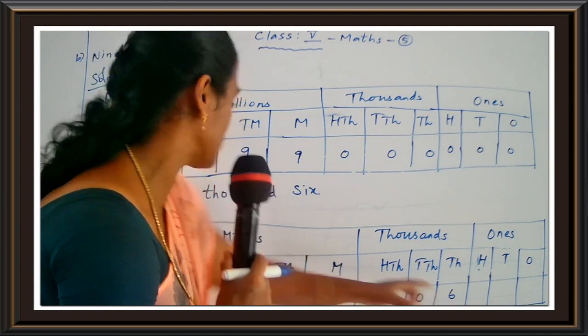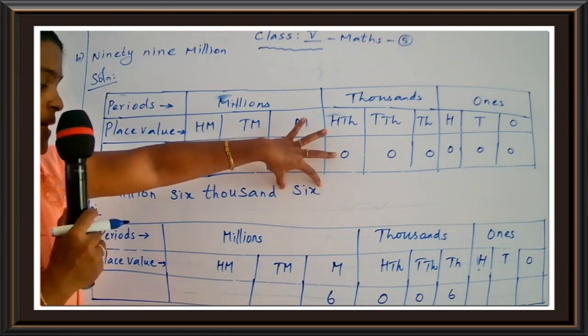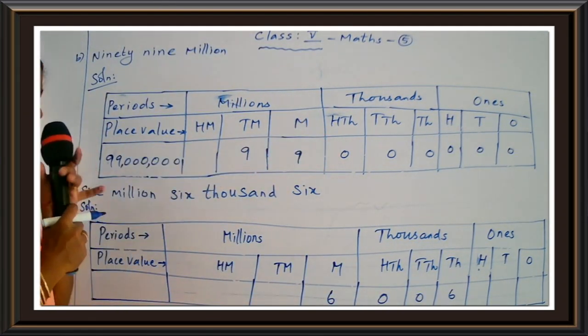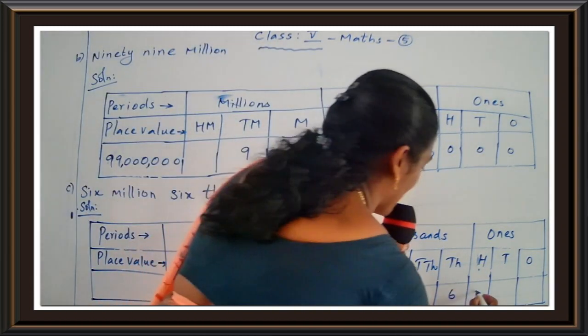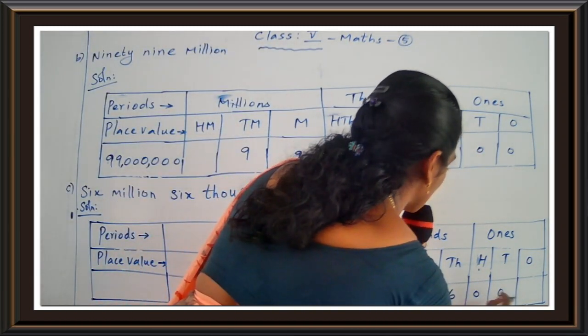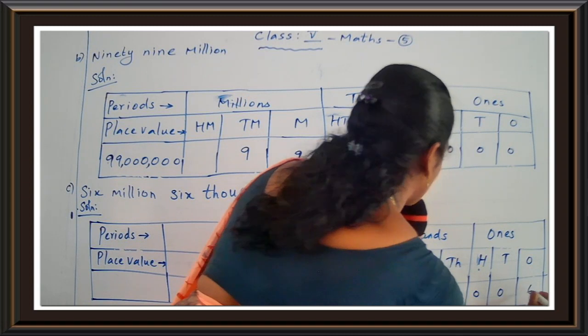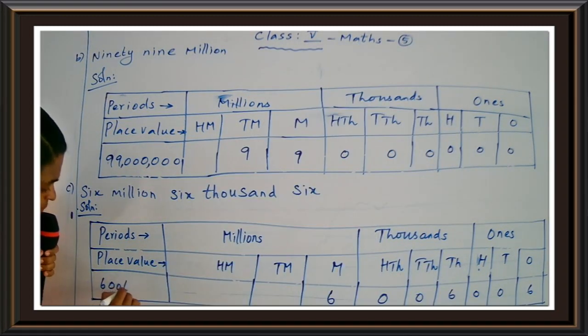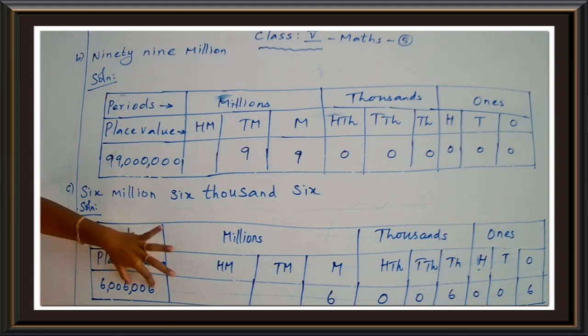Now ones period 6. 100 is not there, 10 is not there, so you put 0 0. Ones is 6. So your number is 6,006,006. Clear? Yes. Write it in your classwork note.